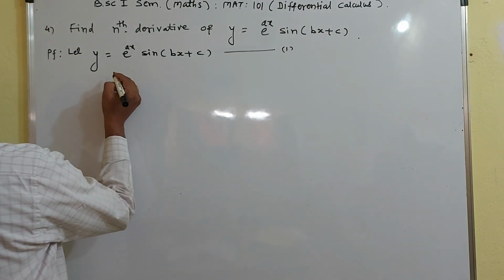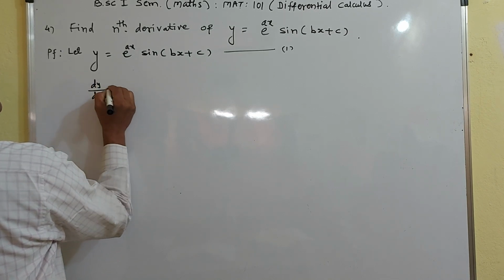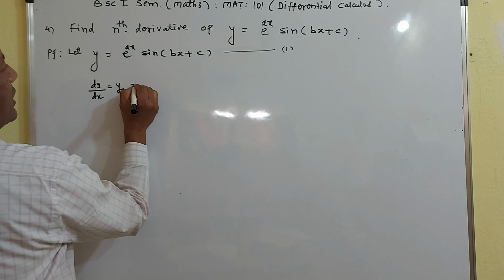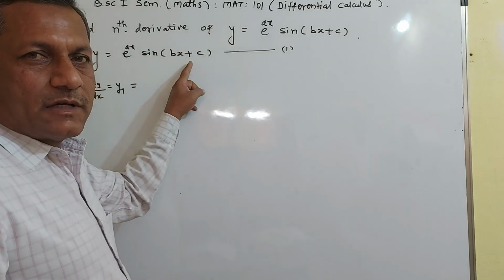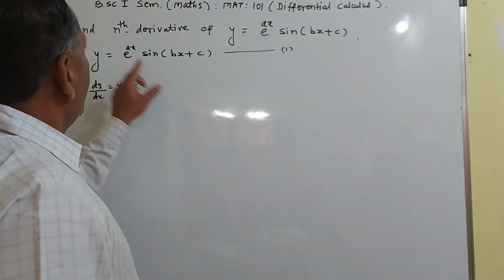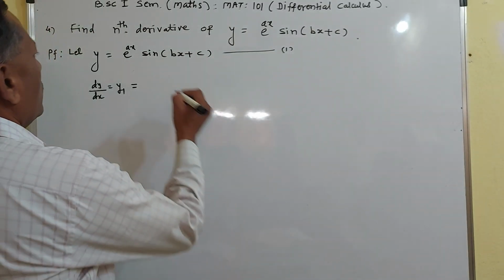Differentiating 1 with respect to x, we get dy by dx or y1 is equal to, here e raised to ax is one function, sine of bx plus c is another function. Therefore, to find the derivative of this, you apply the product rule.